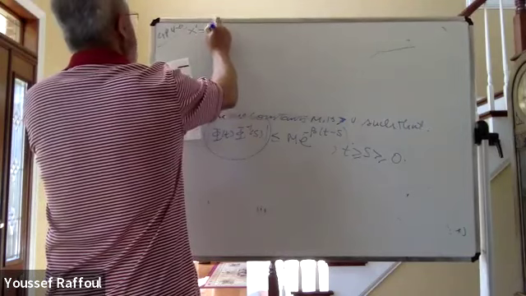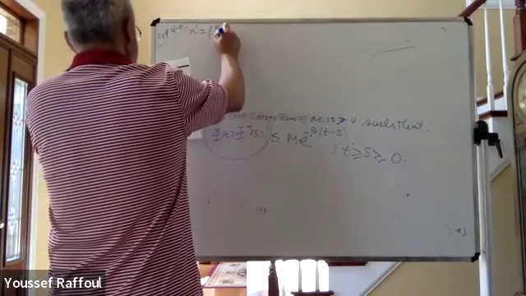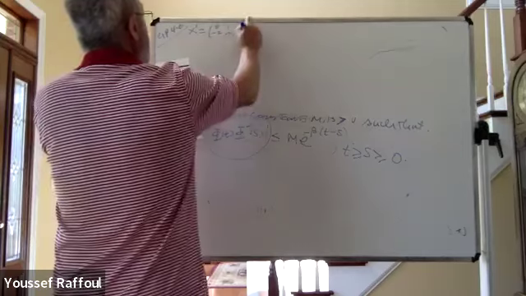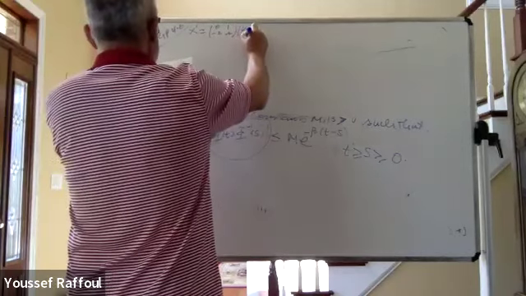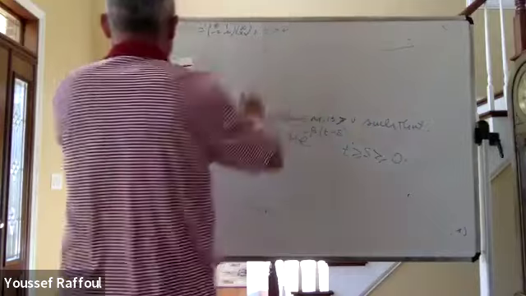X prime equals the matrix [0, 1; -2, -2] times x1, x2, and t is positive.